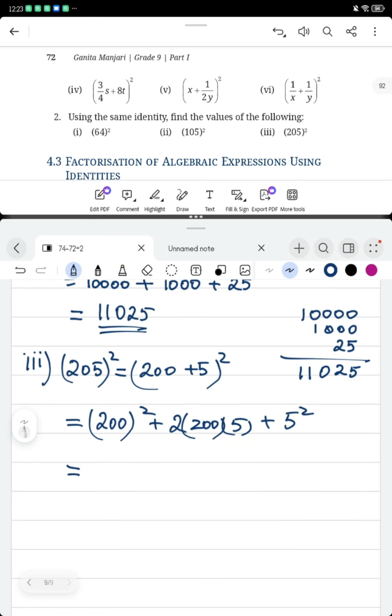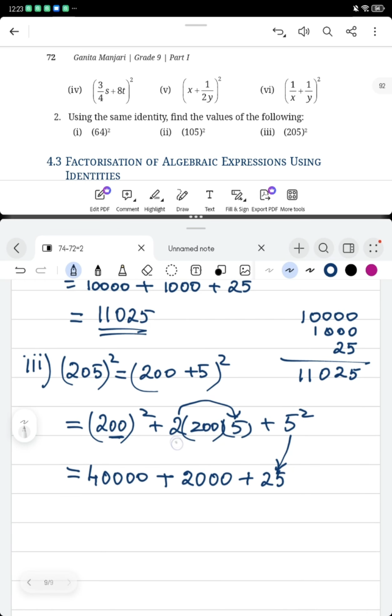Now what you do is, as I told you, the trick is 2 2s are 4, and the 2 zeros, square of that will be 4 zeros. Then here 2 into 5 is 10, 10 into 2 is 20, so we first write the 20 and then put 2 more zeros for it. Then plus 25, since 5 square is 25.